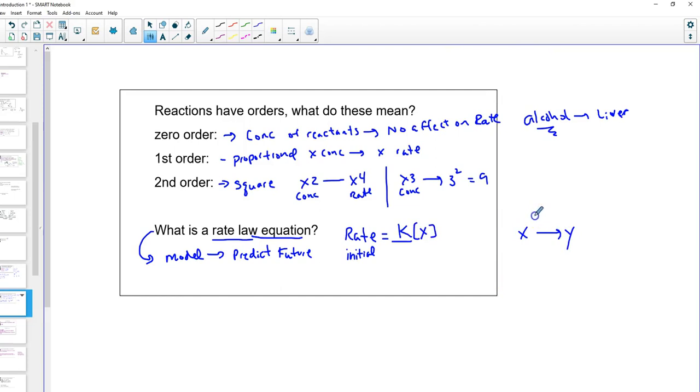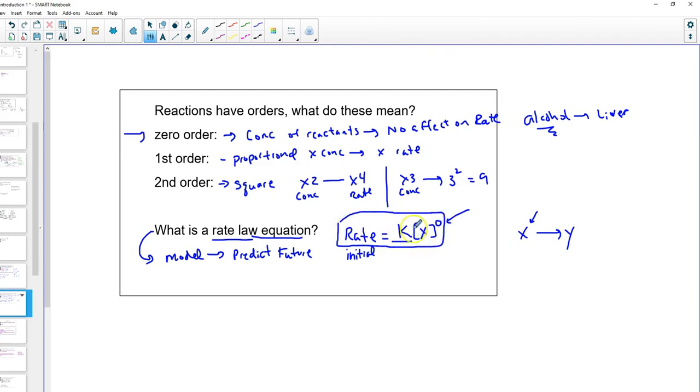And then the exponent is the order. So if by chance it's 0 order, zero would mean something that is not affecting the actual rate. For whatever reason, this concentration is not affecting the rate, so it goes 0 there. Again, this is just a model with predictive power.